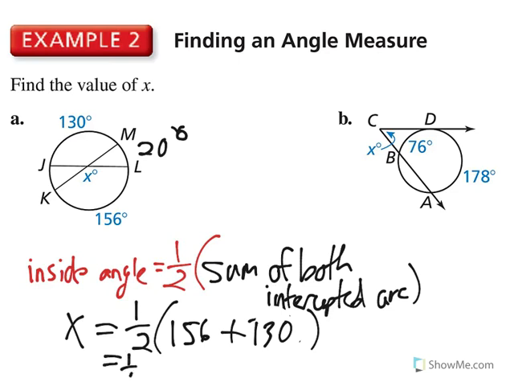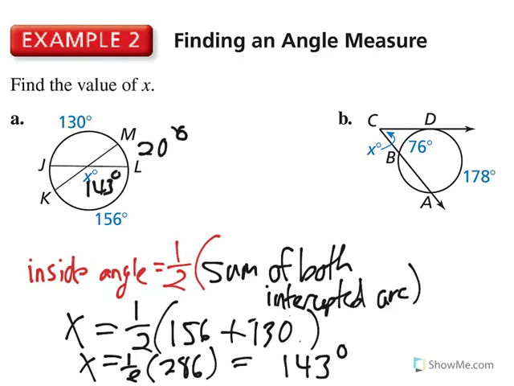And so I'm going to get half of 286 is equal to x. If I take half of 286, I'm going to get 143. So this angle measure here is 143. That means the vertical angle would also be 143.